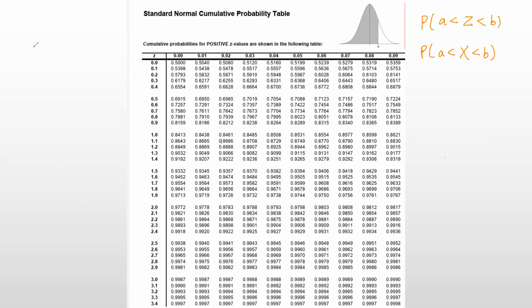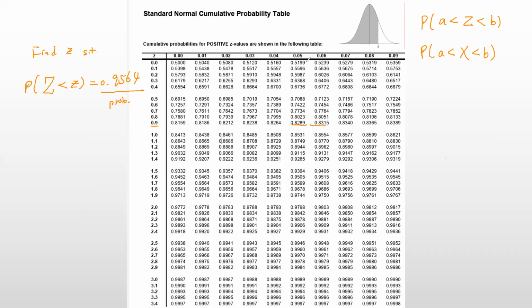For example, find little z such that the probability of capital Z less than some little z equals, say, 0.9564. Now, this is a probability. You cannot look at, oh, 0.9 is here, and then you have 5, 6, somewhere here.